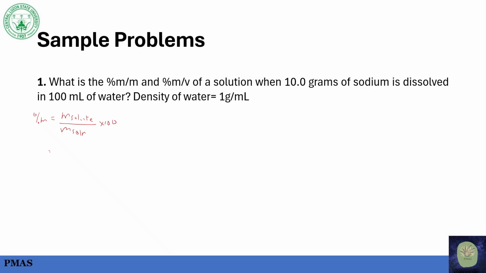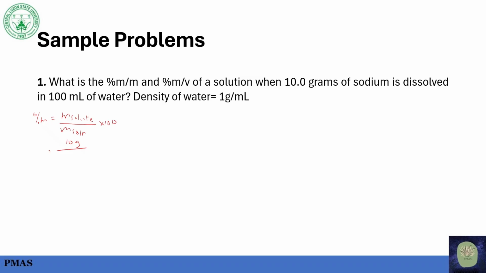Our solute is 10 grams of sodium, right? We divide it by the total mass of the solution. What constitutes our solution? We have 10 grams of sodium and 100 ml of water. If the density of water is 1 gram per ml, 100 ml is equal to 100 grams.